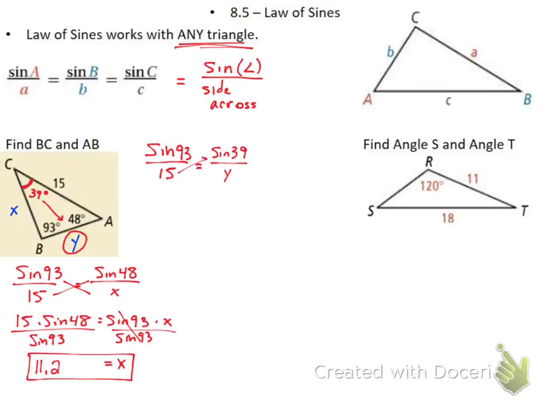Once I'm there, then I can go ahead and cross multiply. So I get sine of 93 times Y is equal to 15 times the sine of 39. Divide both sides by sine of 93.